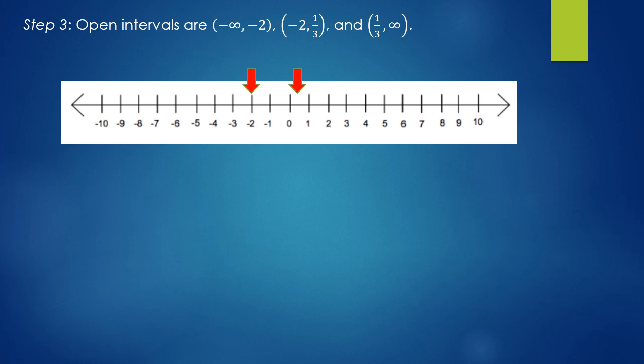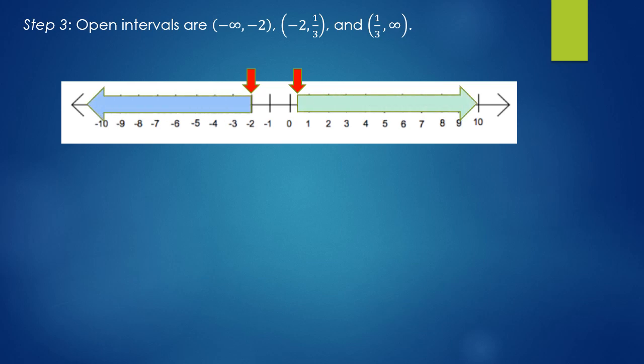We have this interval here to the left of negative 2. We have the interval between negative 2 and positive 1/3. And we have the interval to the right of 1/3. So those are our intervals: from negative infinity to negative 2, negative 2 to positive 1/3, and positive 1/3 to infinity.